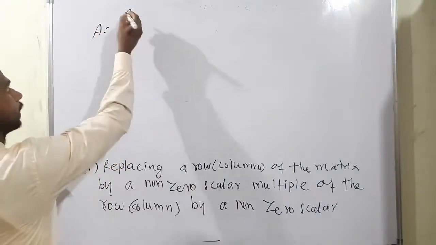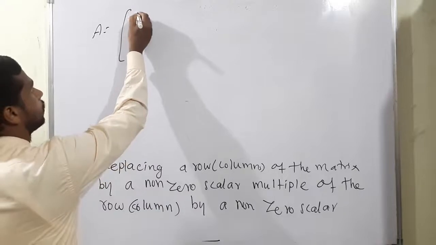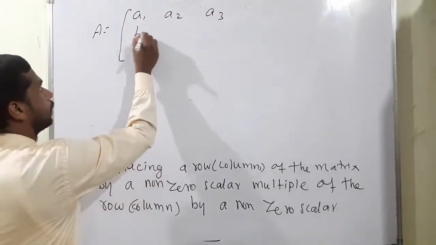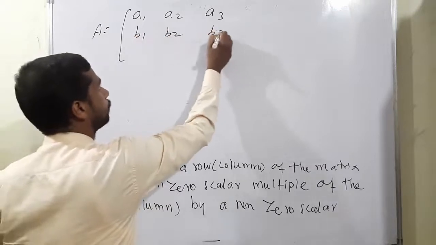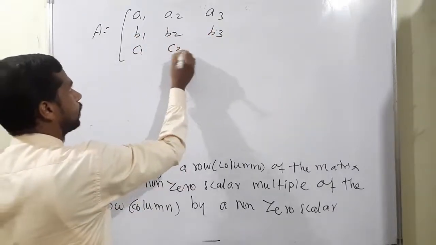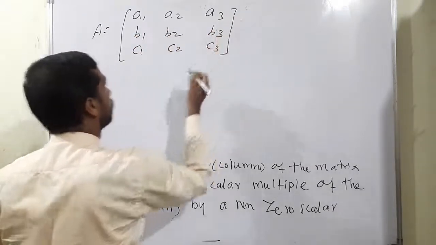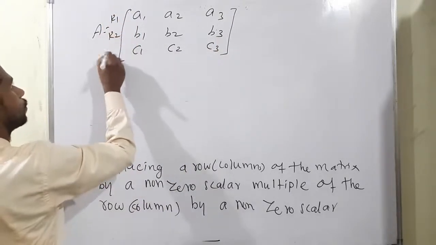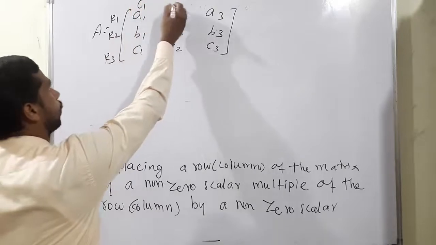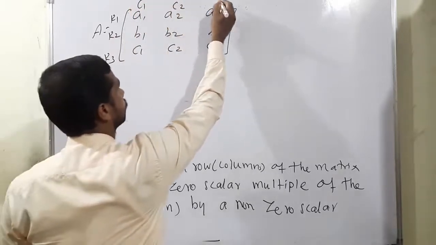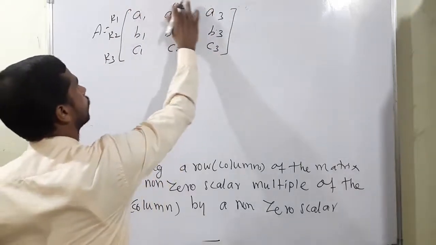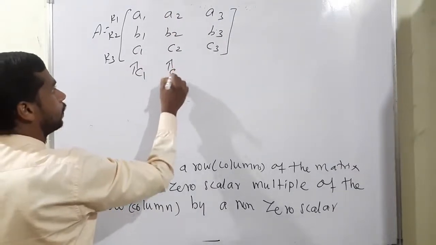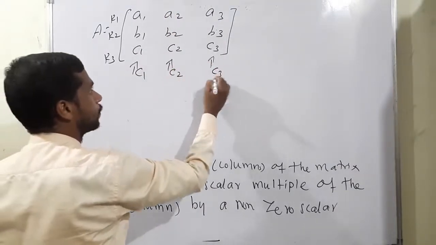Consider a 3 by 3 matrix A: A1, A2, A3, then B1, B2, B3, then C1, C2, C3. This is R1, R2, R3, and this is C1, C2, C3.